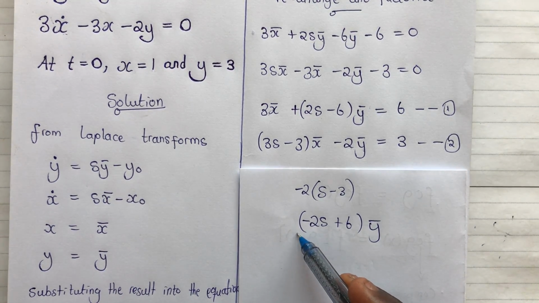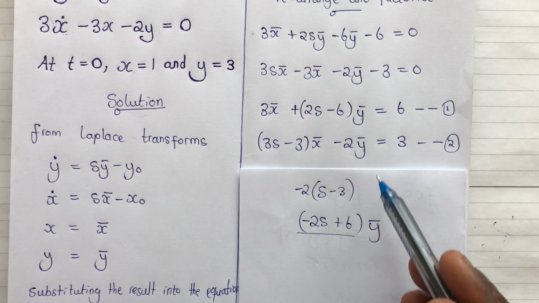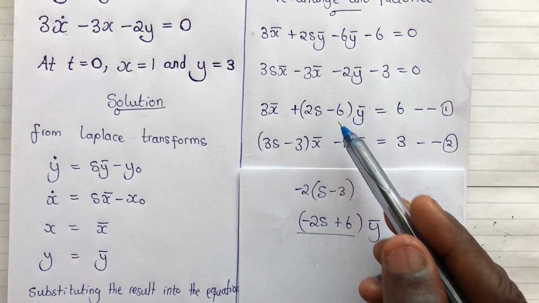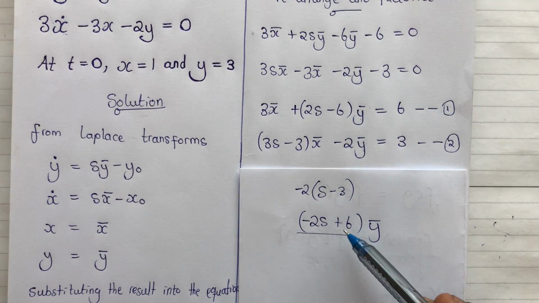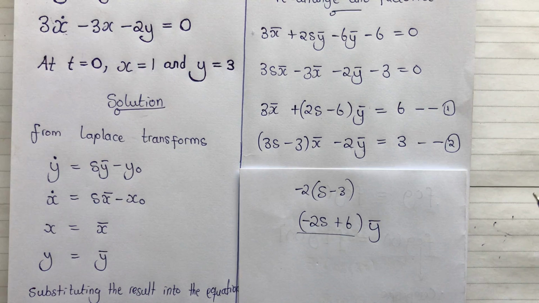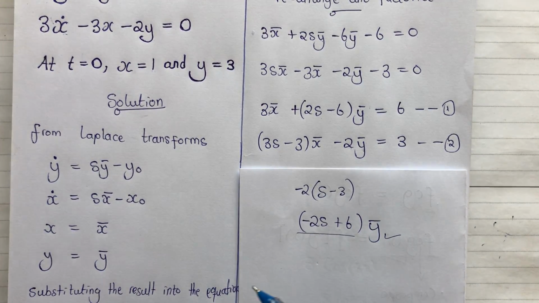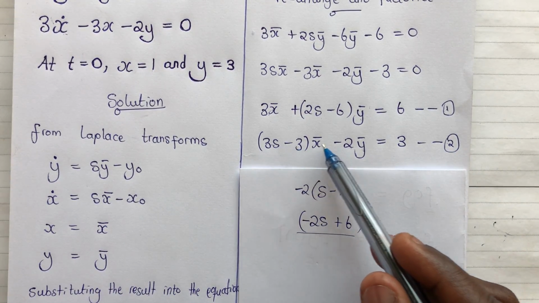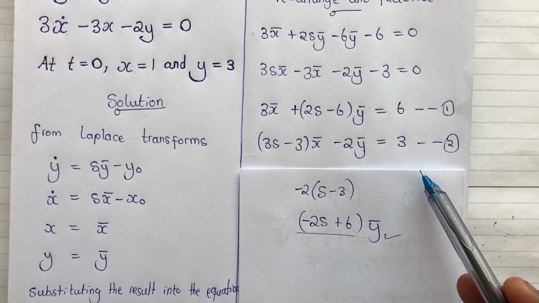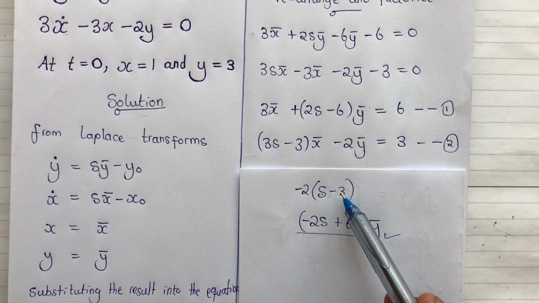As you can see, this and this are now the same, though the sign here is different. Now I can either add or subtract, looking at the function, to eliminate what? Y bar. So what we need to do is multiply equation 2 by s minus 3.